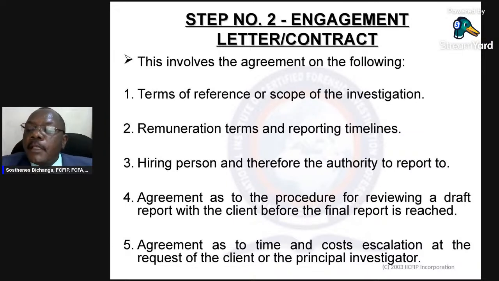All of this must be clearly recorded in the engagement letter or contract. The number of times for reviewing the draft report must be agreed with the client and all details put in the engagement letter. Typically, the report drafted must be reviewed twice and then the final report is submitted to the client.